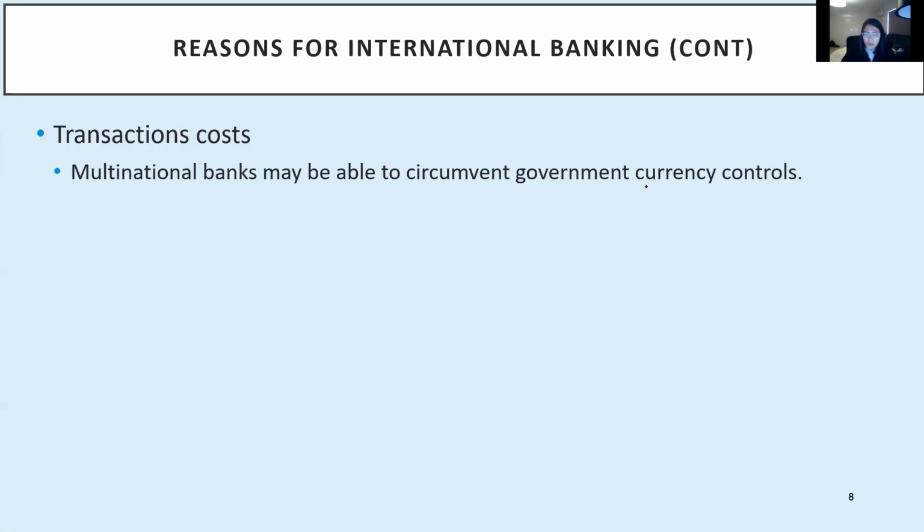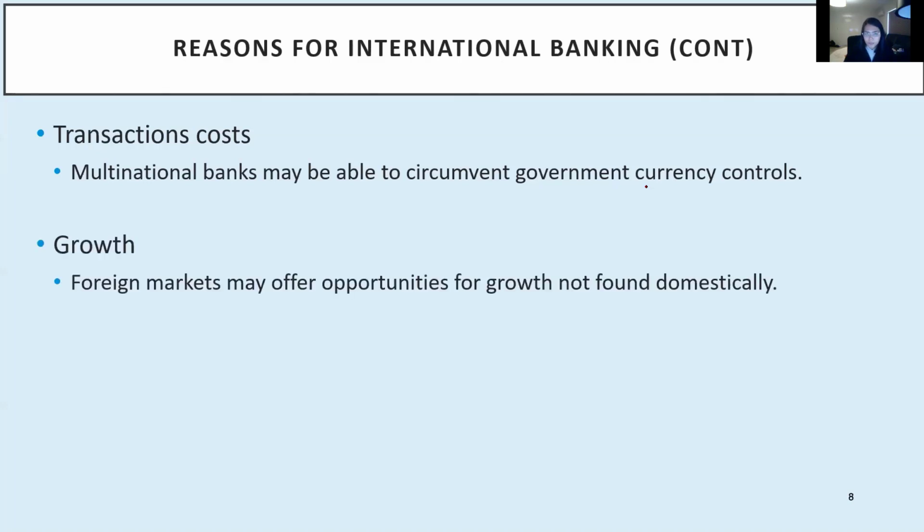Transaction costs. I mentioned this point before. In some countries where there are strict capital flow restrictions, it makes sense for their national banks to go overseas to trade and provide business, so that they can avoid these currency controls, right? Another reason is growth.